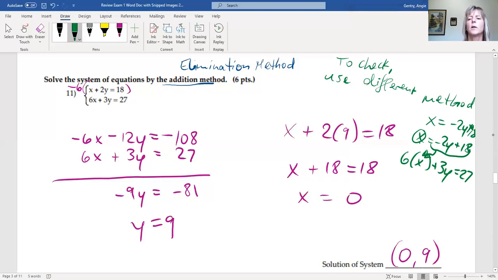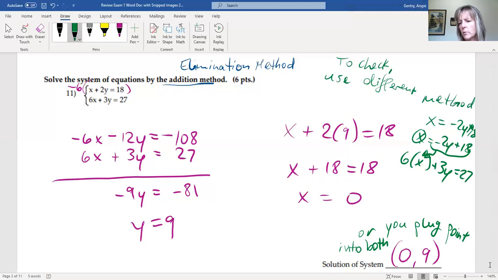The other way to check also is, so you can either use different methods or you plug that point that you found into both of the originals, and it has to create a true statement. So that's another way. If I were in a testing situation, I always used to do this.